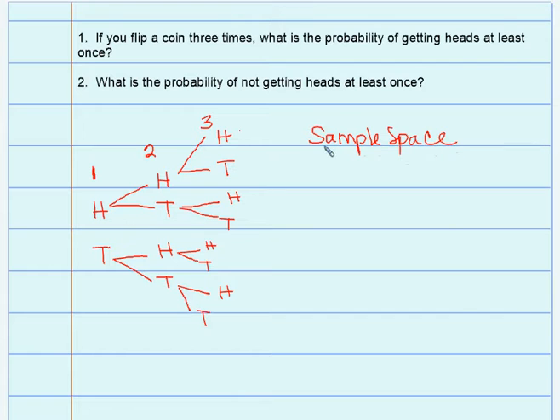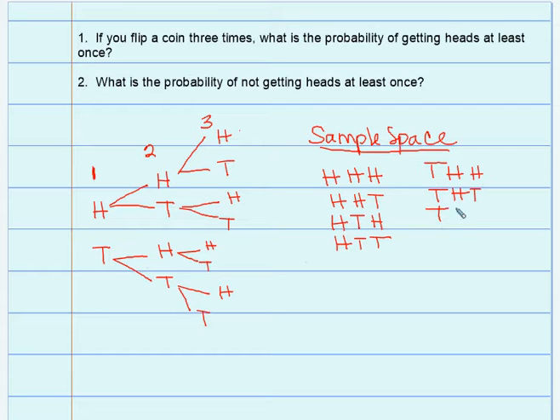Okay, so the sample space for this event would be heads, heads, heads, or heads, heads, tails, or heads, tails, heads, or heads, tails, tails, or tails, heads, heads, or tails, heads, tails, or tails, tails, heads, or that last one, tails, tails, tails.